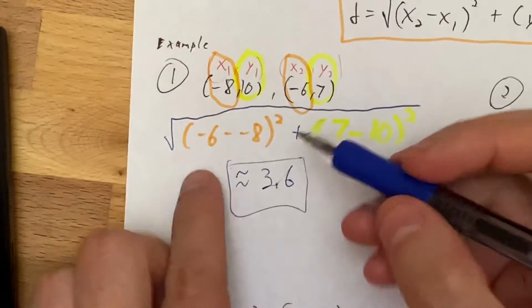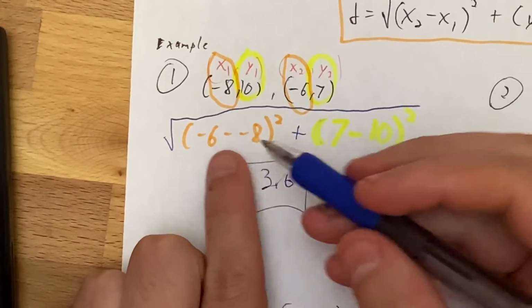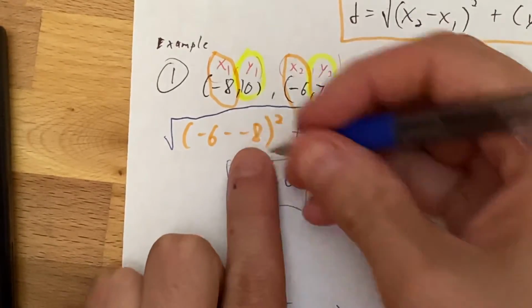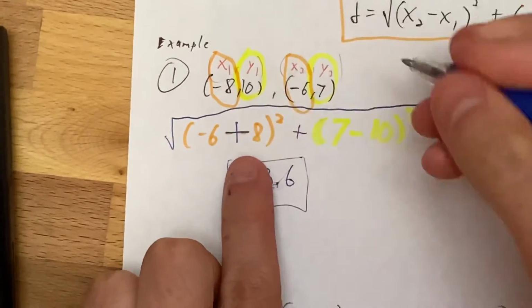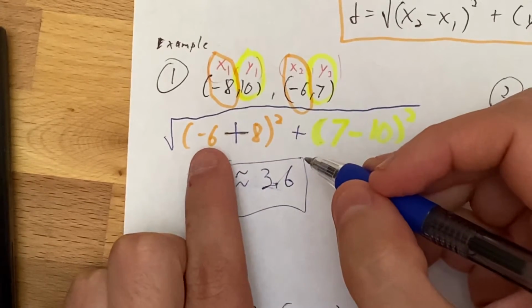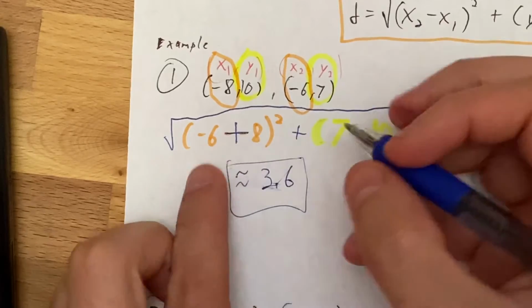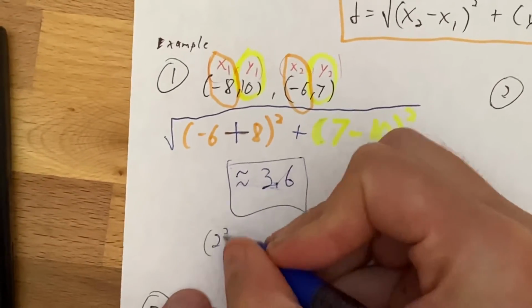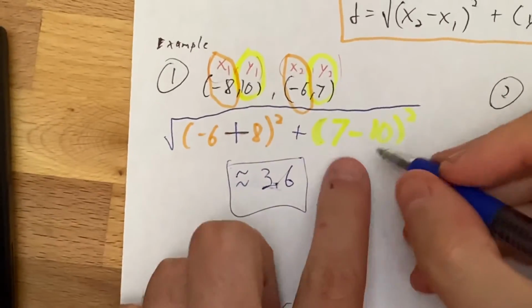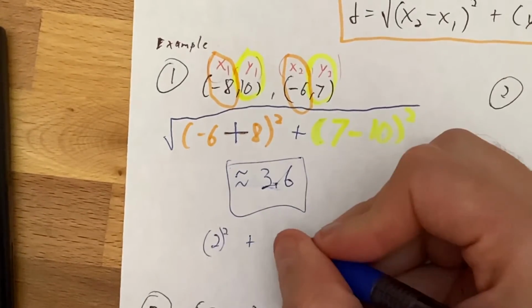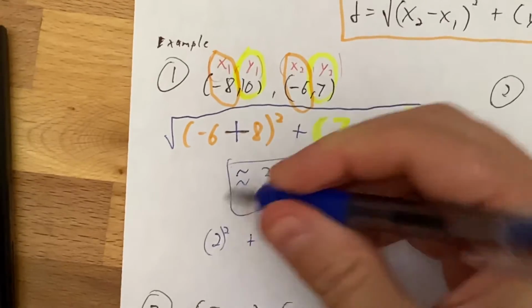As I said, sometimes you'll probably just want to do it by hand, in which case the old-fashioned way is if you have minus a negative, that turns it into a plus. So then -6 plus 8 is 2. So you'd have 2 squared. And then 7 minus 10 is -3 squared.